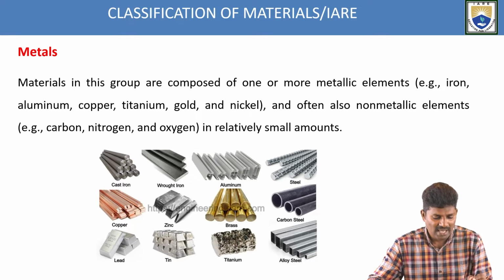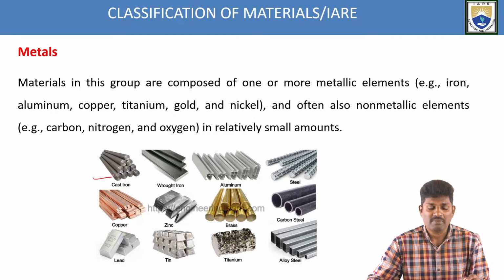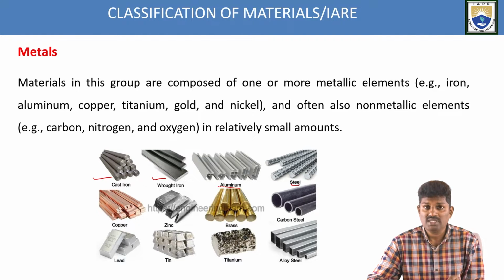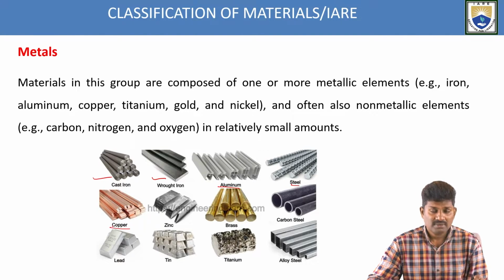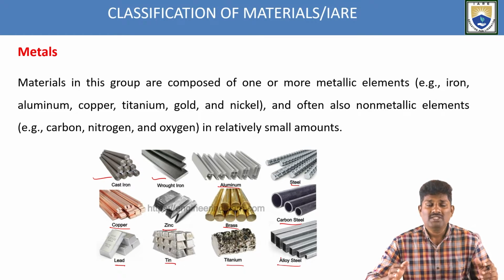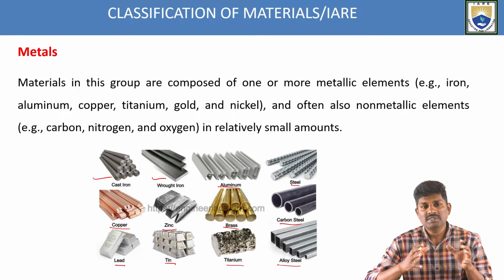If you see here, cast iron is one of the important types of metals which we are using in industry. Wrought iron, aluminum, steel which is used in constructions, copper, which is a good conductor of electricity, zinc, brass, carbon steel, lead, tin, titanium. These are all examples that come under metals. So what is a metal?